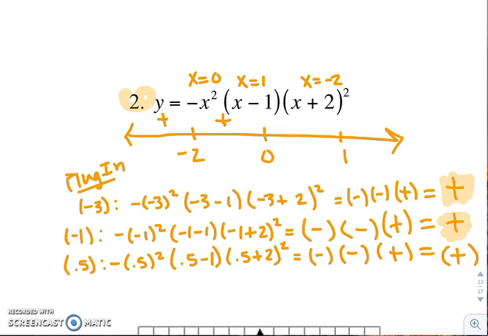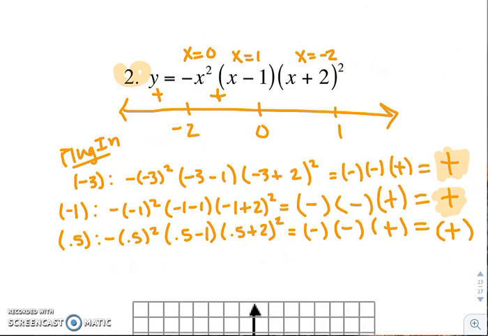So then we have to plug in one more value. Something greater than 1. You could plug in 600 for all I care. As long as it's larger than 1, we'll just plug in 2. So negative 2 squared times 2 minus 1 times 2 plus 2 squared.